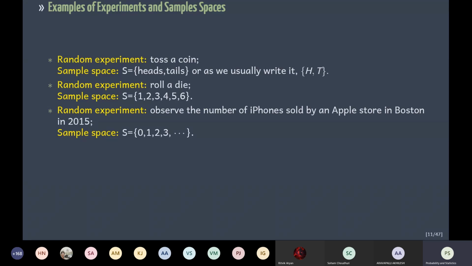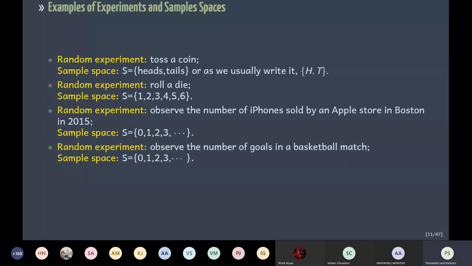We cannot stop here in this case. Although it's a countable set, we don't know where to stop. But still the sample space captures all possible outcomes. In this case, it's the whole numbers. Another random experiment could be to observe the number of goals in a basketball match.